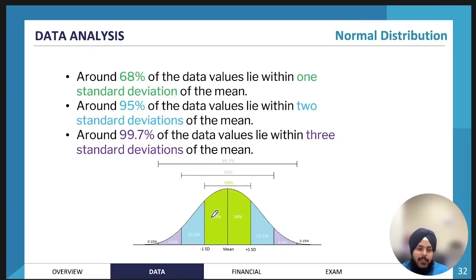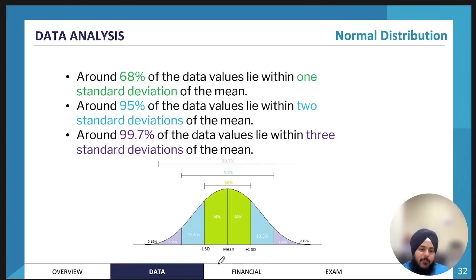So what that essentially means is, whatever one standard deviation is, let's say the mean is 2 centimeters and the standard deviation is 1 centimeter. Actually, that's not a good example.